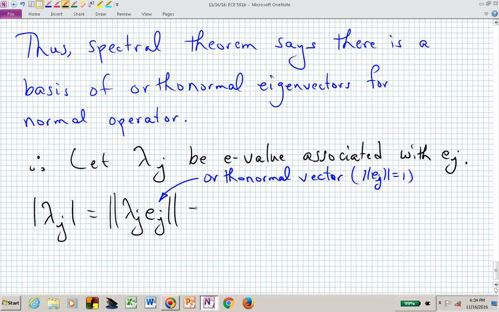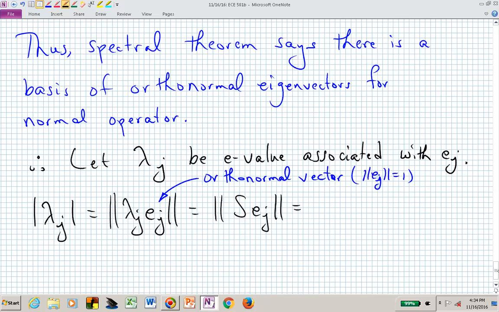So that now this is equal to the norm of S E sub j. That's just the eigenvalue-eigenvector relationship inside the norm on either side of that equality. So S E sub j is equal to lambda sub j E sub j, so their norms are equal.